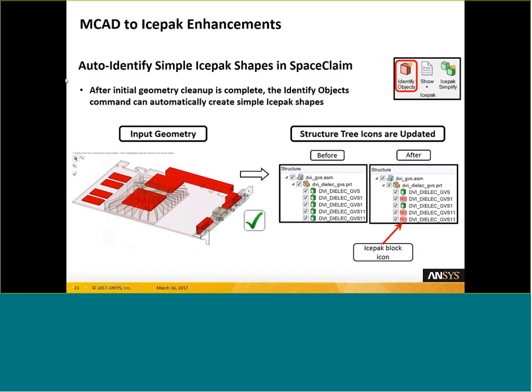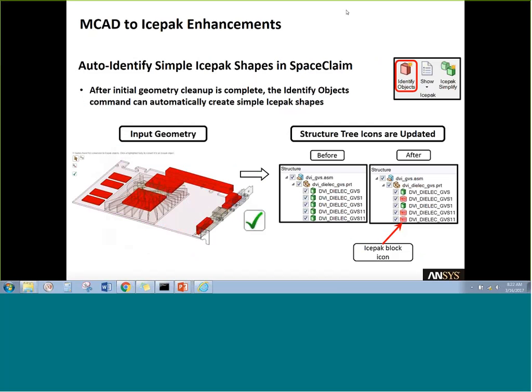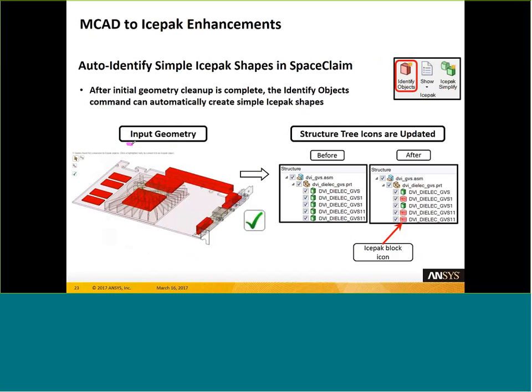So in this input geometry schematic, down here you have a few simple prism CAD blocks. And these are indicated in the SpaceClaim structure tree as CAD blocks. The Identify Objects command will automatically convert those CAD objects into IcePack prism blocks.